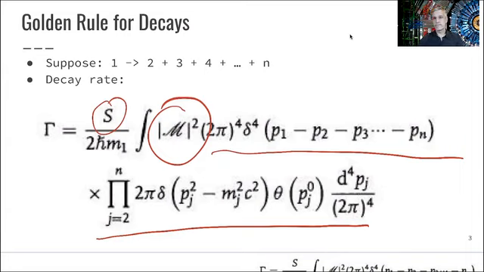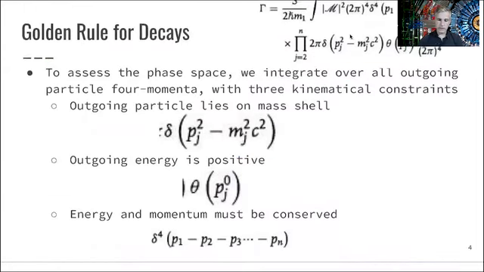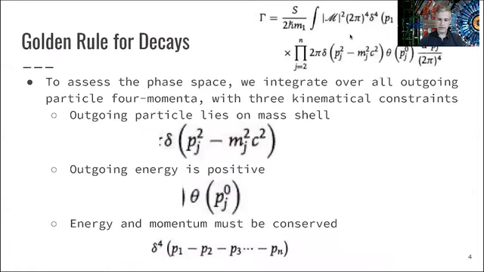Now, at first glance, this looks rather complicated. But if you try to assess what those individual terms mean, you will see that it's very accessible. When we use Fermi's golden rule for decays, we have to integrate over all outgoing particle four-momenta. But we have three kinematical constraints. The first one is that the outgoing particles have to be on mass shell.